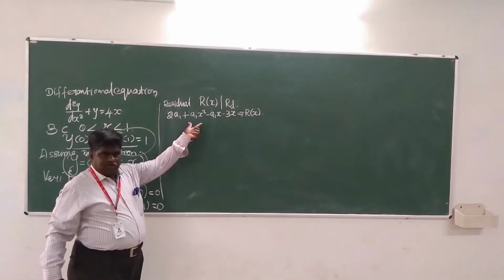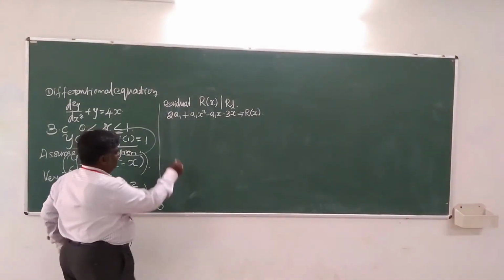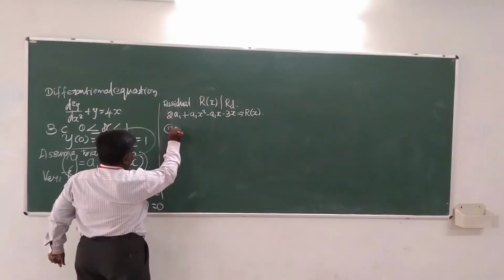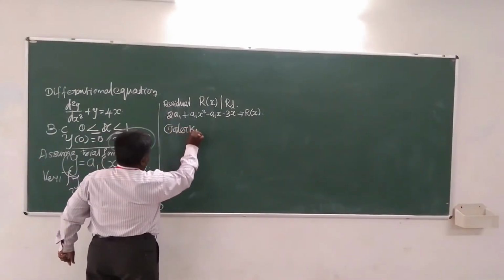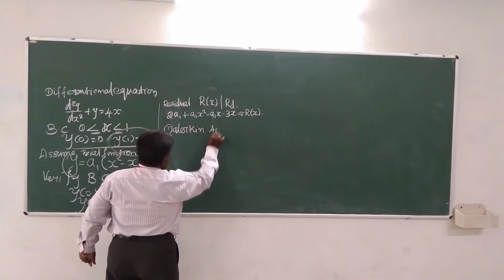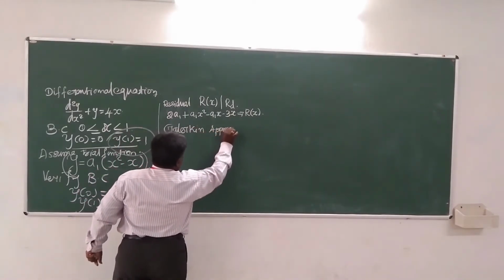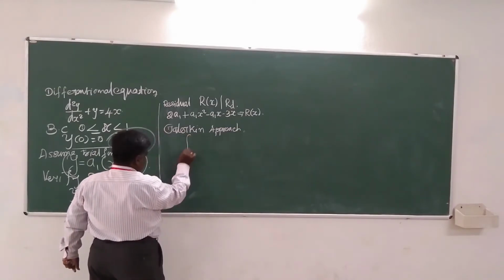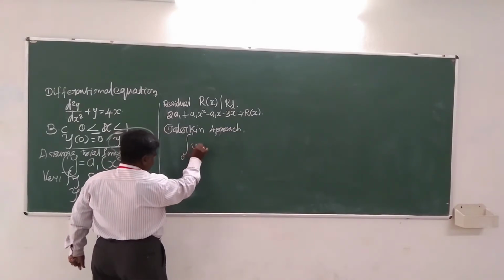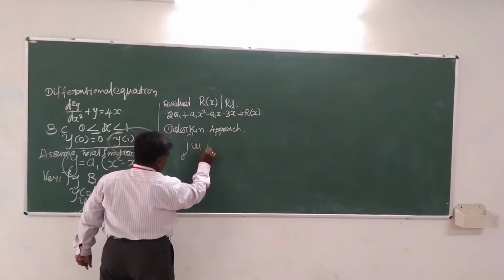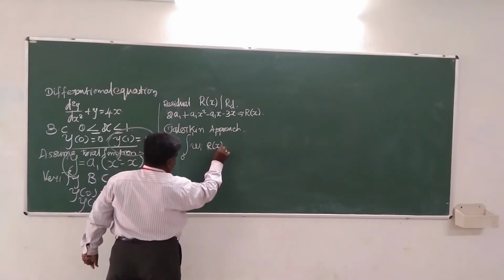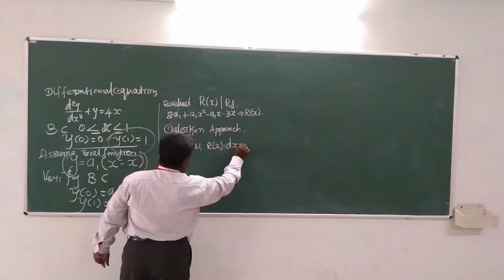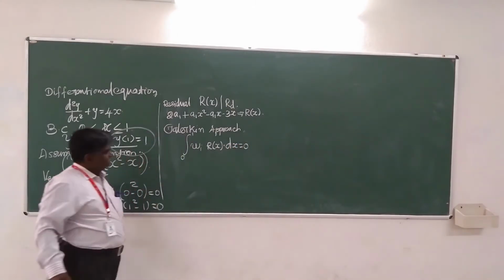We calculate the residual. So the Galerkin approach is the integration of 0 to 1 of the weighting function times the residual function dx equal to 0.